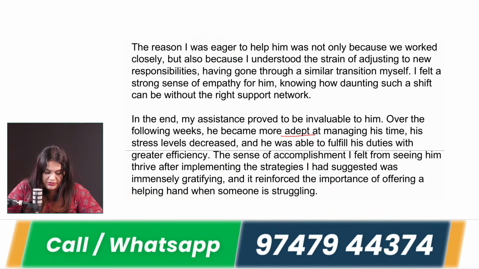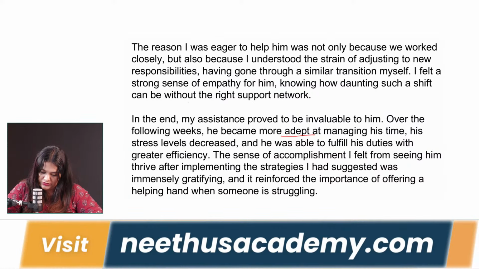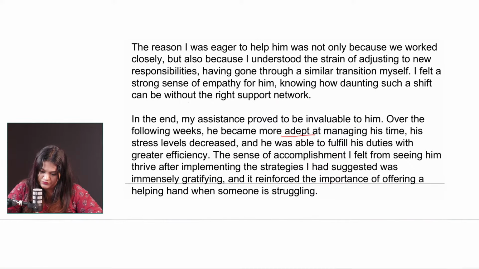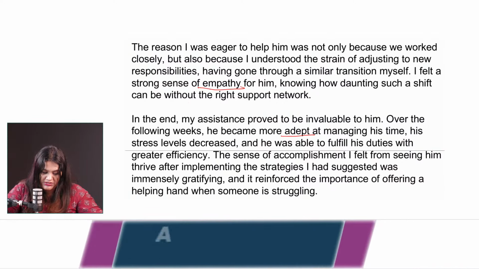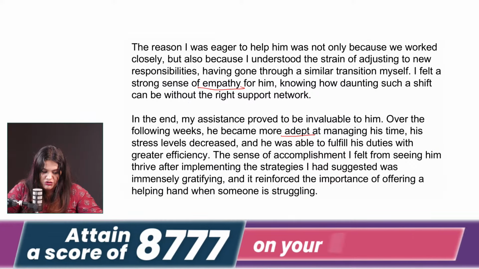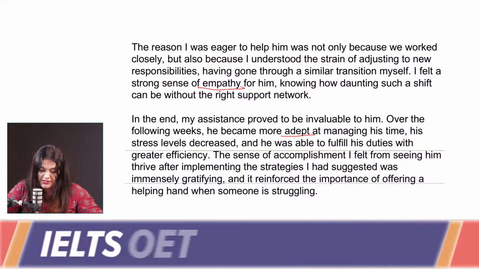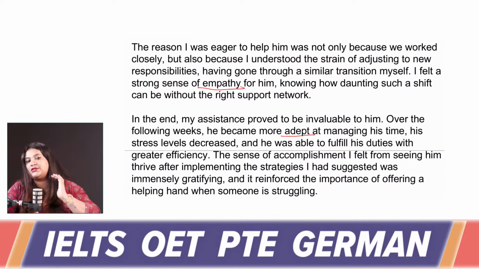The next word is empathy. Okay, so let's have a look at where I've used the word empathy here. I felt a strong sense of empathy, which means the ability to understand and share the feelings of another.